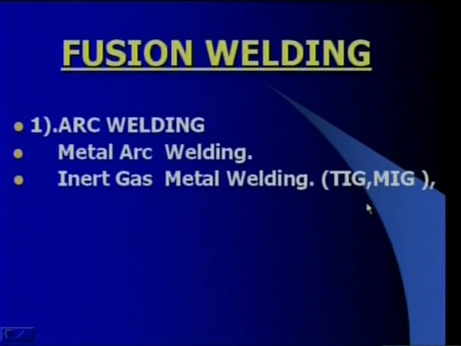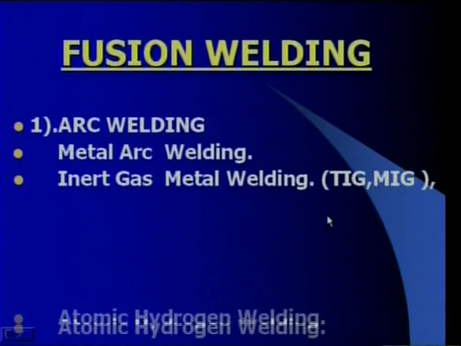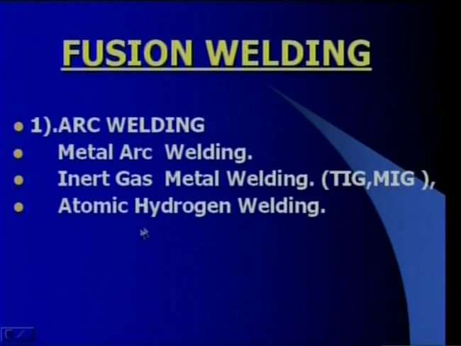They protect the weld material from atmospheric oxygen. Under that welding process we can see two, TIG and MIG, tungsten inert gas welding and metal inert gas welding. Next we will see atomic hydrogen welding.